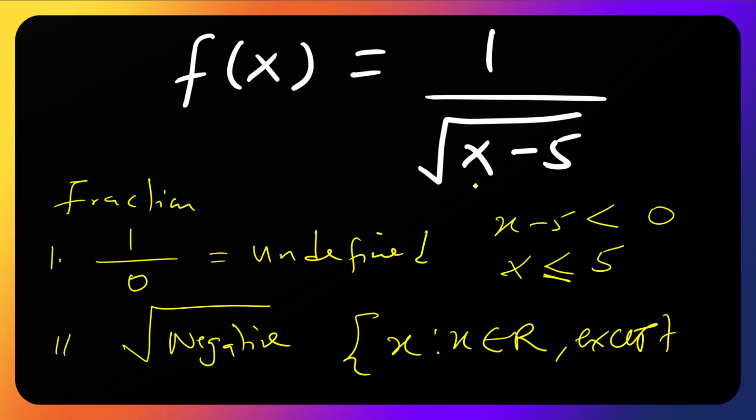If this side is 5, then 5 minus 5 is 0, and the square root of 0 is 0, so 0 is part of it. So we need to include this one. So we say except x is less than or equal to 5. Alright, so that's that.